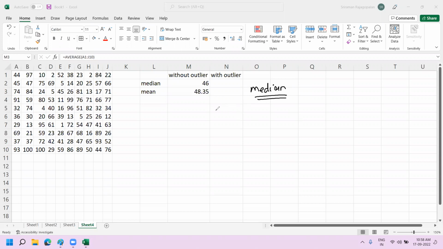So for median, first thing you have to do is sort the data. And number two, count the number of entries. So when the entry is an odd number, then the median is n plus 1 by 2th position.